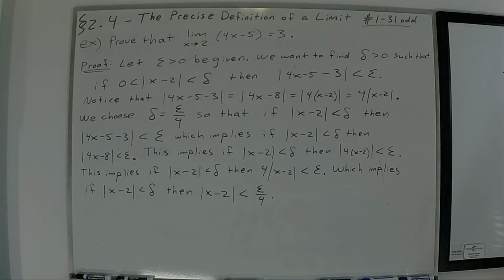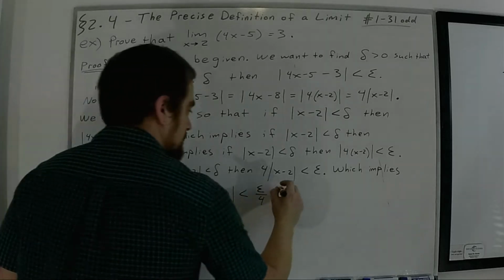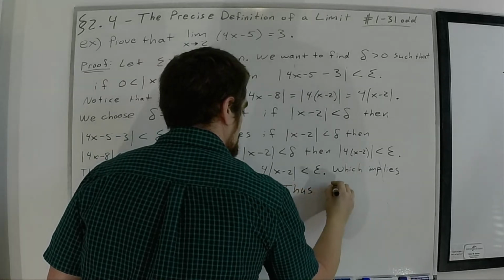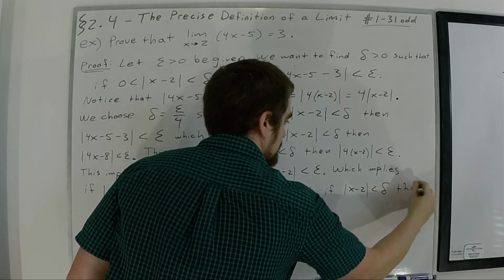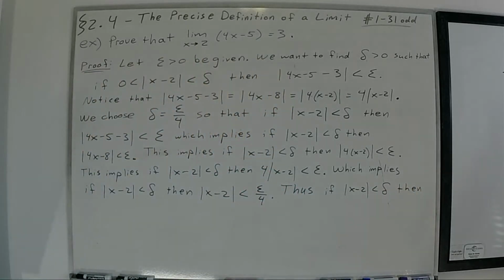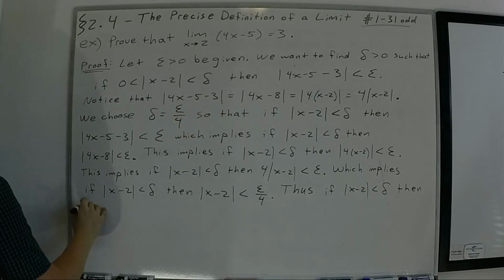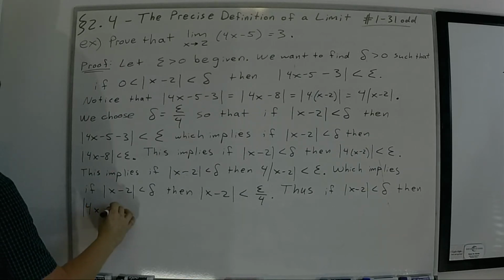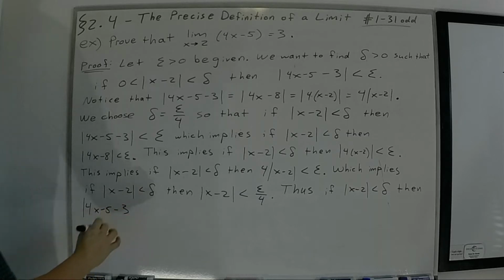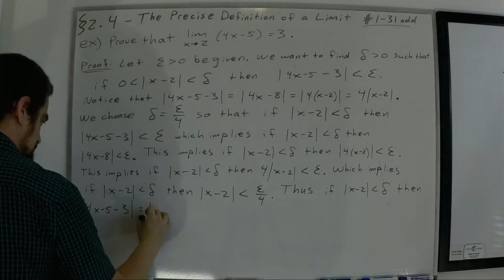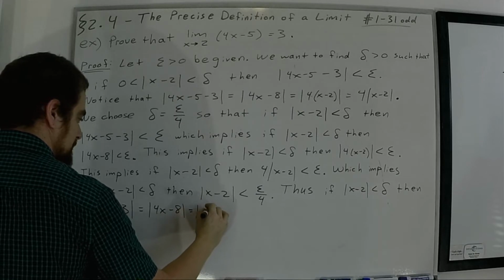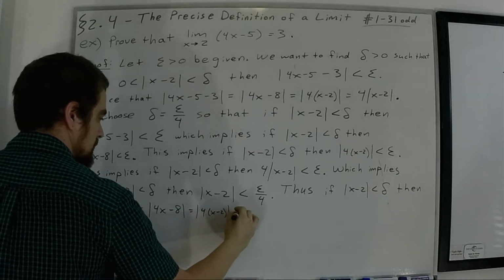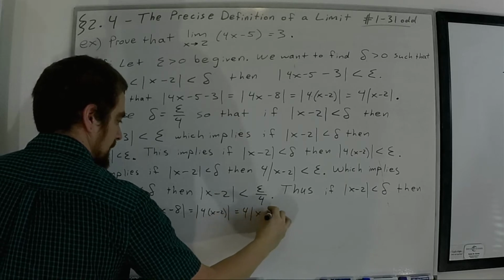And now we can basically summarize and say, thus, if the absolute value of x minus 2 is less than delta, then the absolute value of 4x minus 5 minus 3, which is equal to the absolute value of 4x minus 8, which is equal to the absolute value of 4 times x minus 2, which is equal to 4 times the absolute value of x minus 2.